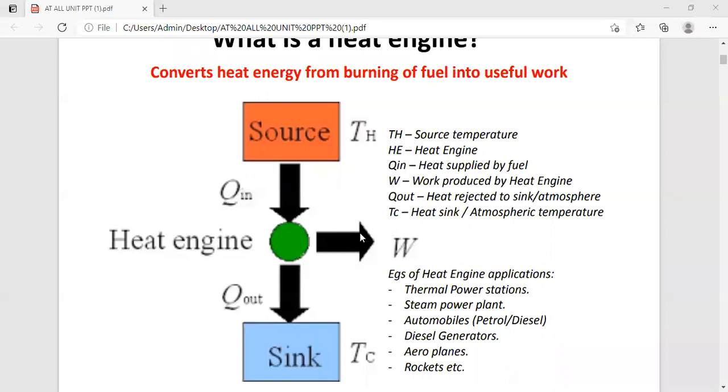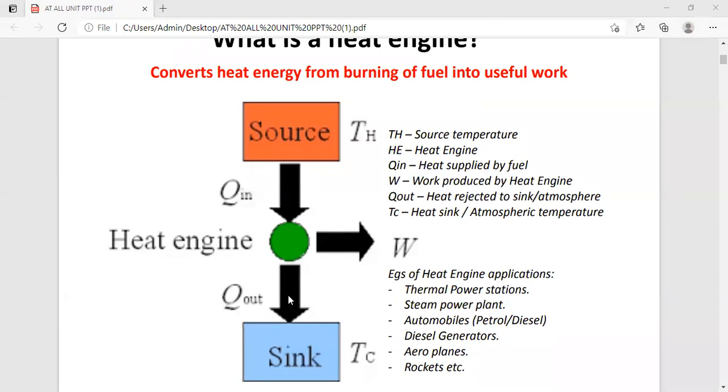In the engine, the combustible charge introduced inside the combustion chamber gives the Q in, and out of that some part of the heat is utilized to drive the vehicle. This is the work done we are getting, and the remaining, the unburnt or flue gases, is released into the atmosphere.